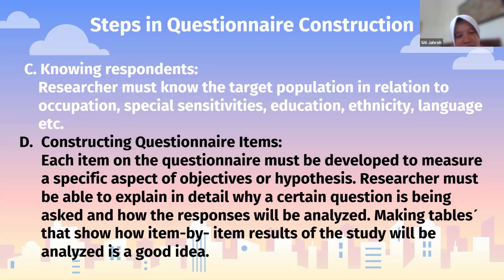Making tables that show how item by item results of the study will be analyzed is a good idea. Make sure, through that questionnaire, you are able to collect the data that you need to answer the research objectives.